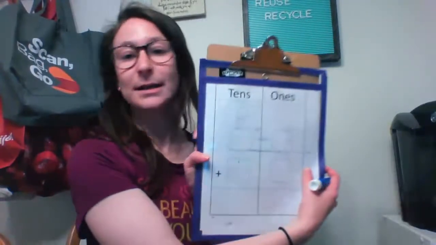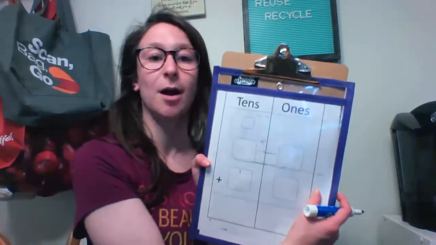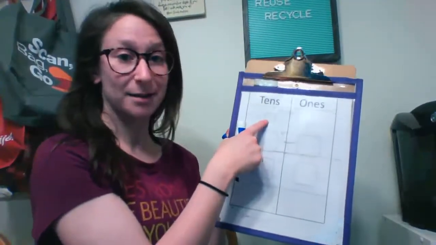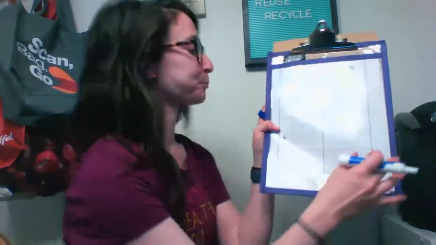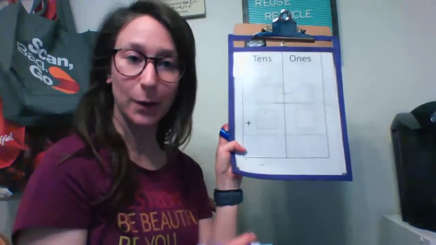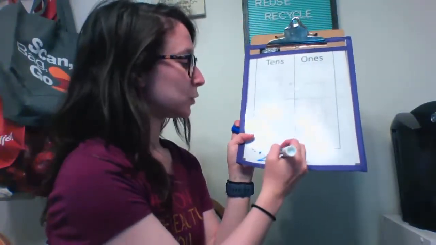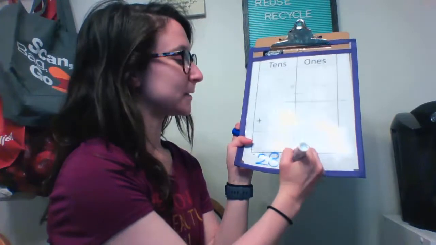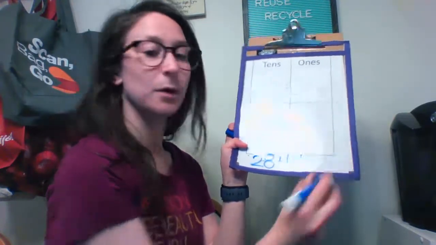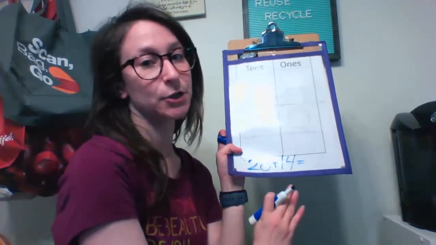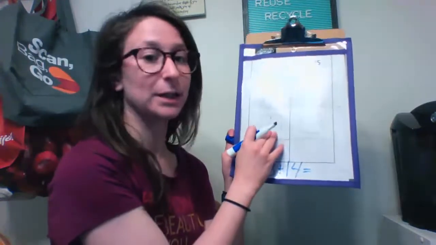All right, so now we're going to get to our tens and ones chart that we practiced last week. And we are actually going to be using this little box today. So you will see what that's for. All right. The first equation we're going to be doing today is 28 plus 14 equals. We're going to start with our horizontal addition and put it in our vertical addition.